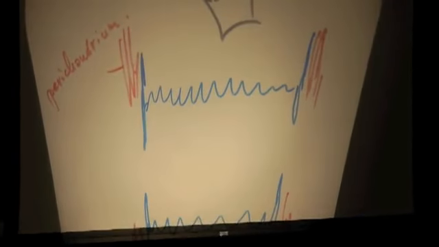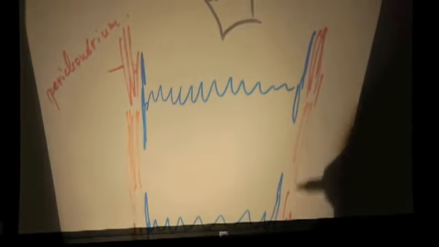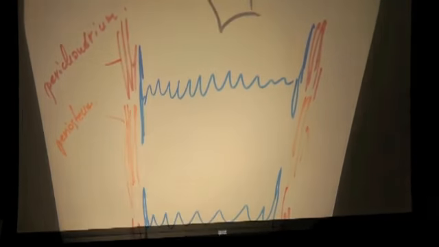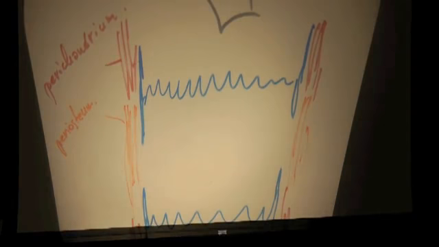What we have out here is perichondrium. What we have in here, that shows a different color, is periosteum. In this region, we have matrix that has been calcified.